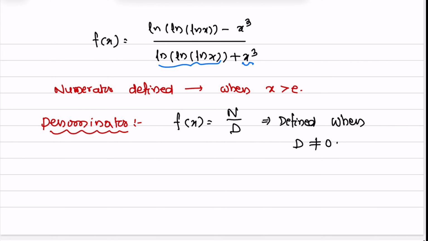But for the total function to be defined, the denominator should not be 0.